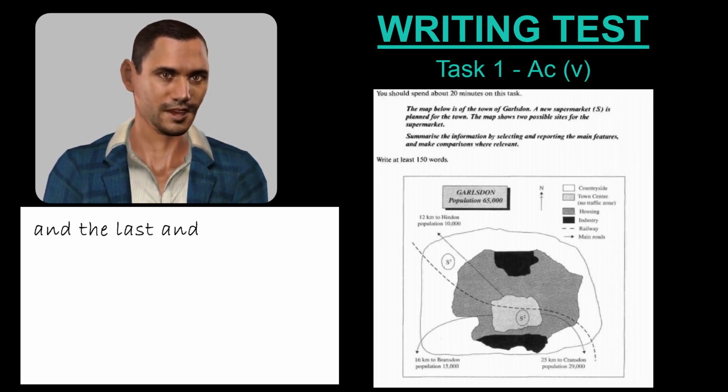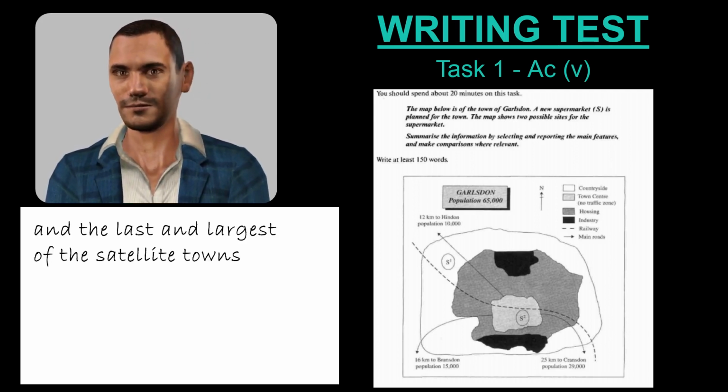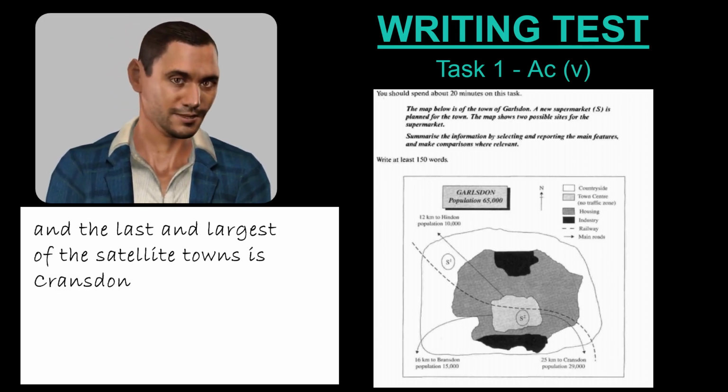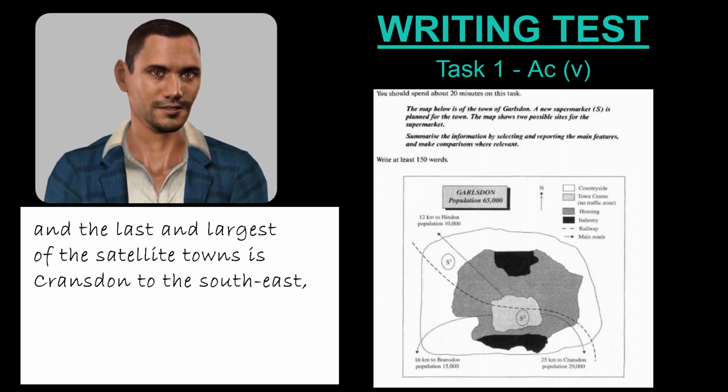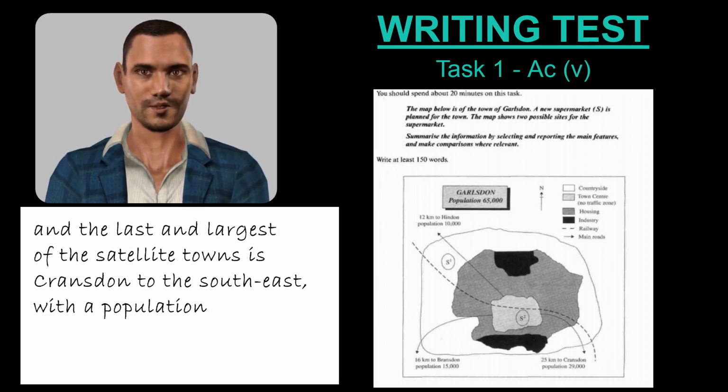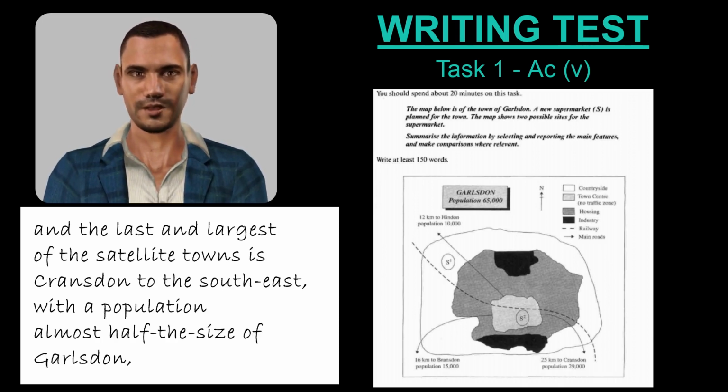And the last, and largest, of the satellite towns, is Cranston, to the southeast, with a population almost half the size of Galston, 29,000 people.